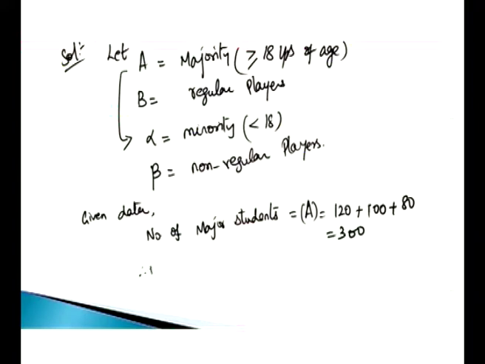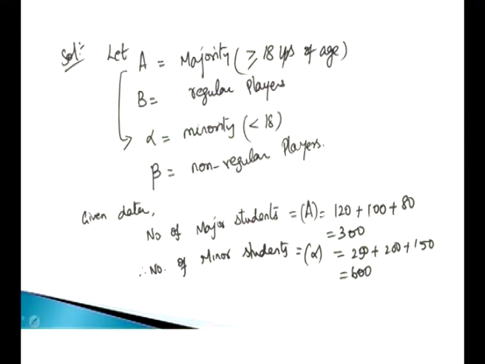Therefore, the number of minor students, alpha, is equal to 250 plus 200 plus 150, which is equal to 600.